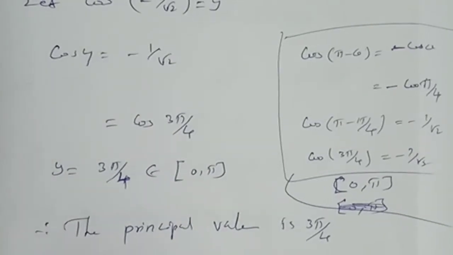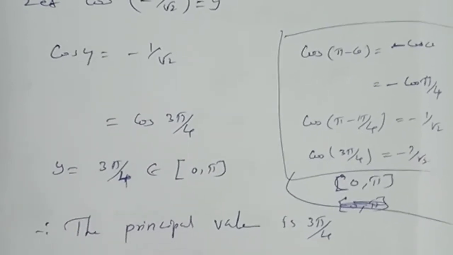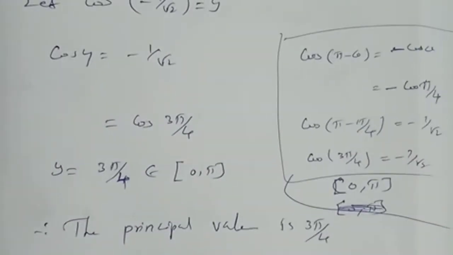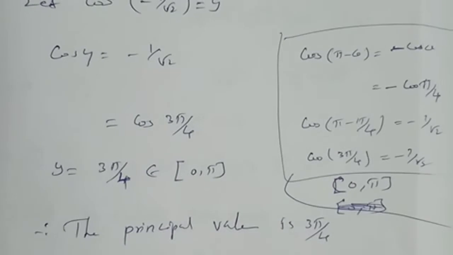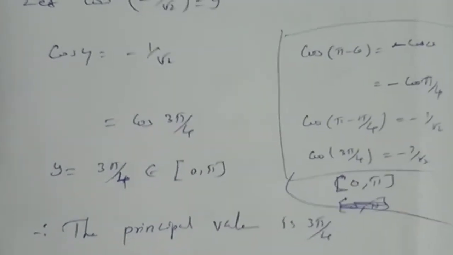Here cosecant inverse of minus root 2. Let cosecant inverse of minus root 2 is equal to y. So cosecant y is equal to minus root 2.